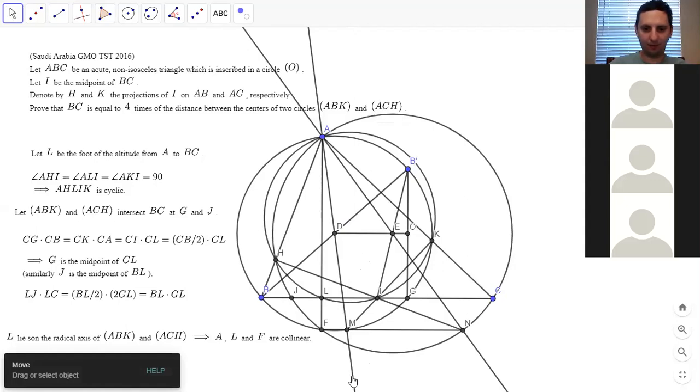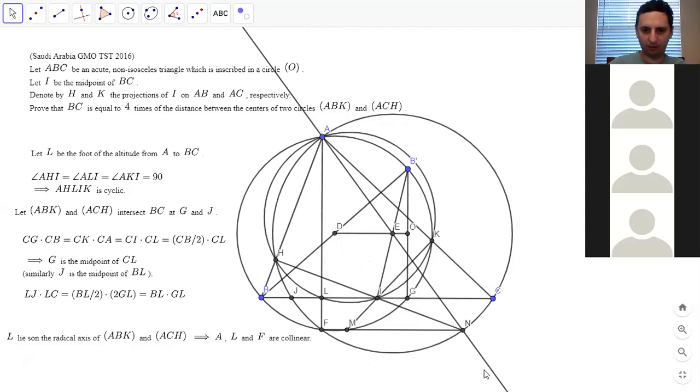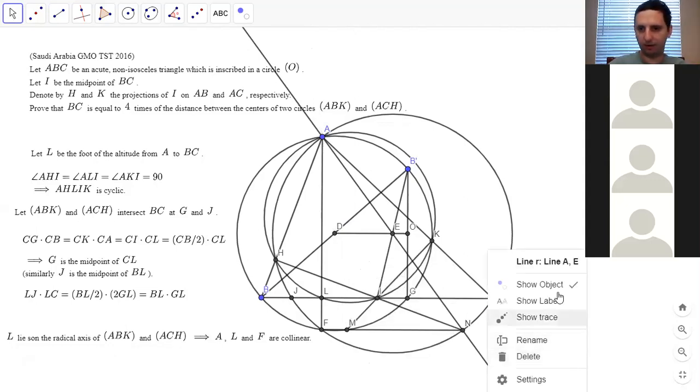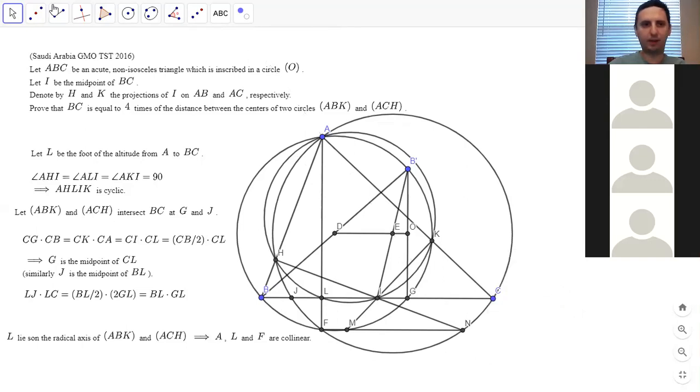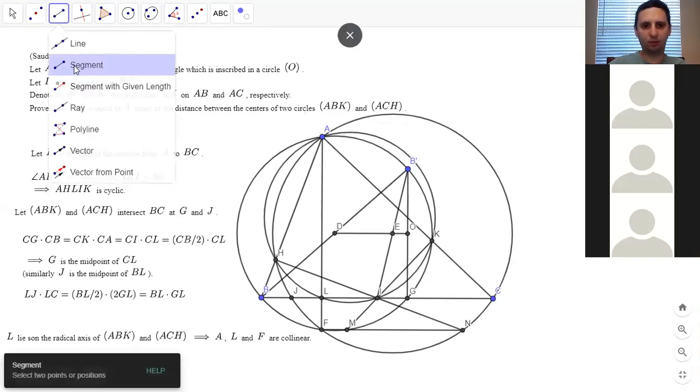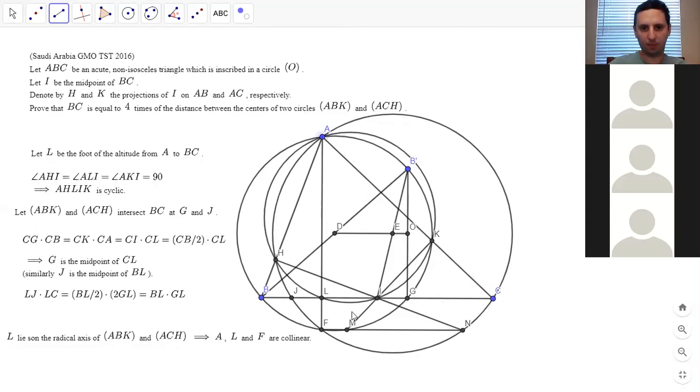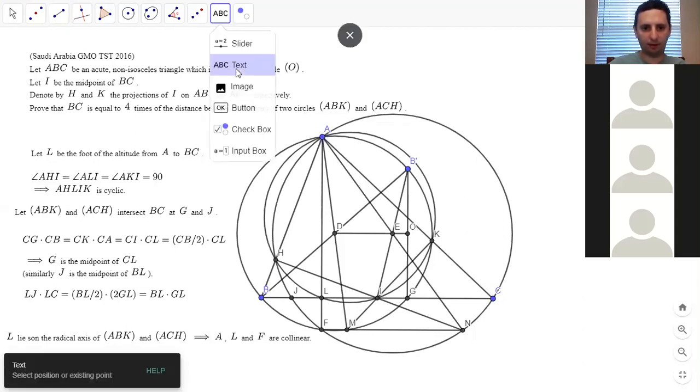But let AM and AN be the diameters of the two circles. Okay, so I'm going to write up the other one.